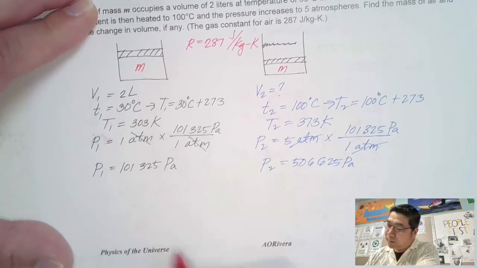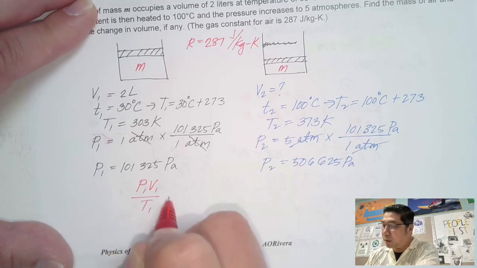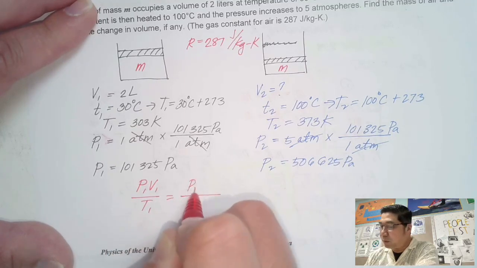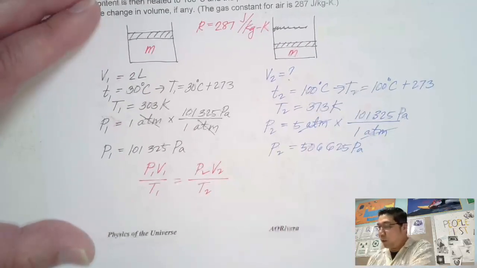So let's use P1 V1 over T1 equivalent to P2 V2 over T2. So let's just plug in those values in order for us to solve it.